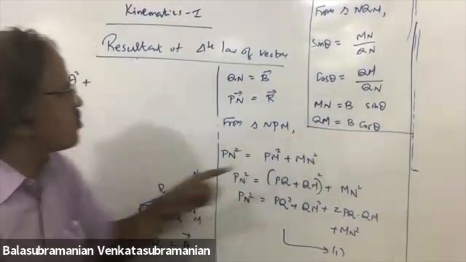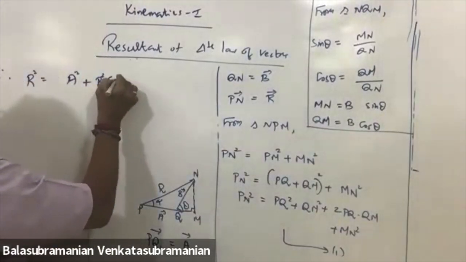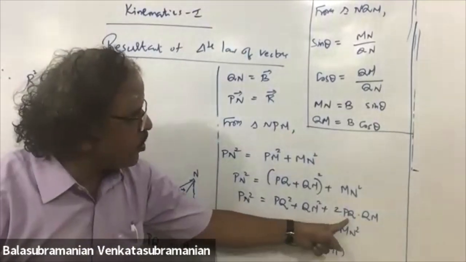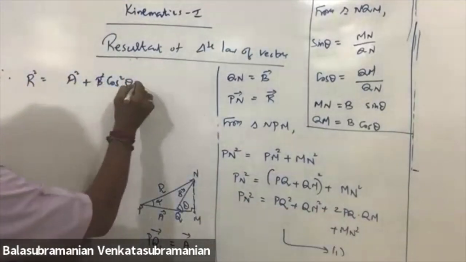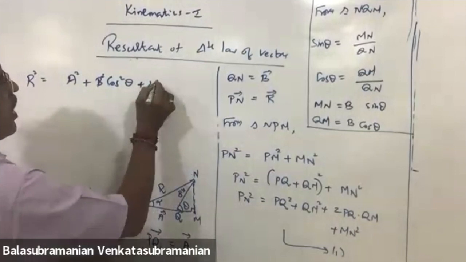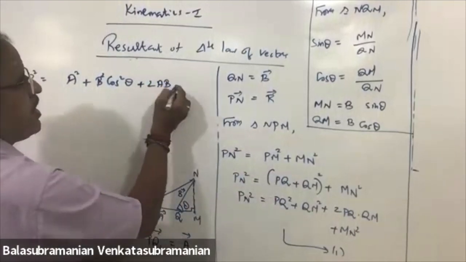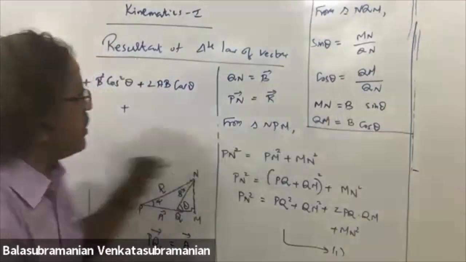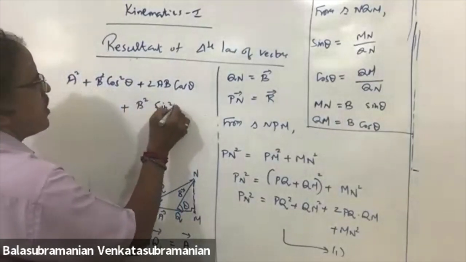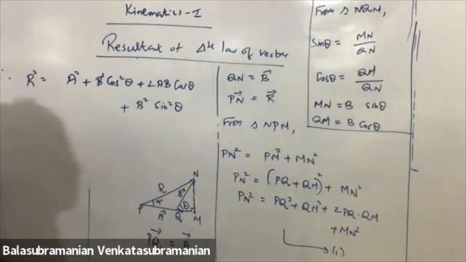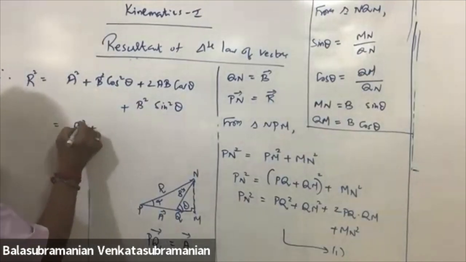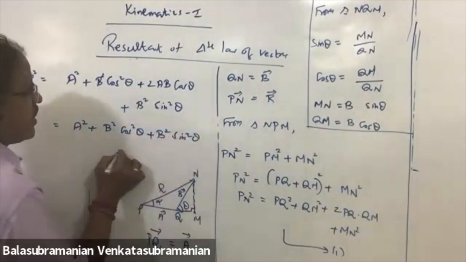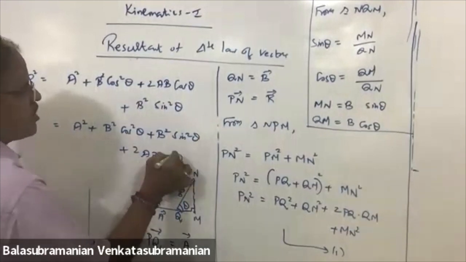QM square is B square cos square theta plus 2 PQ QM, 2 A QM, B cos theta, plus MN square. MN square is B square sin square theta. So you can take A square plus B square cos square theta plus B square sin square theta plus 2AB cos theta.